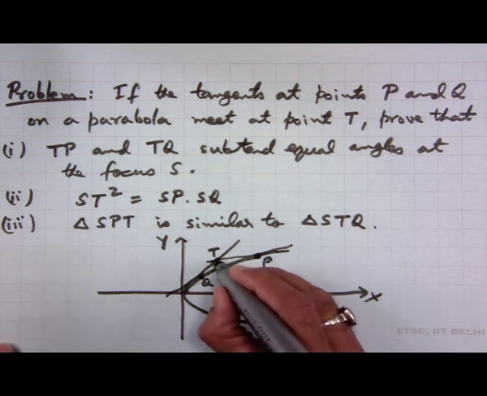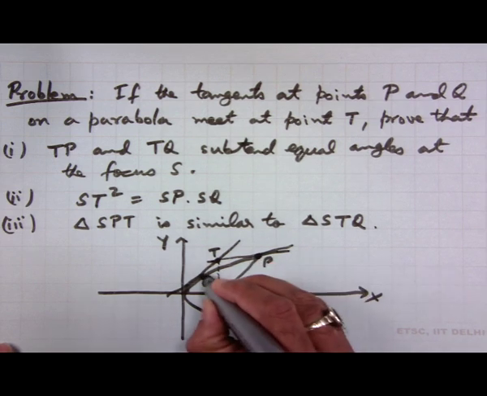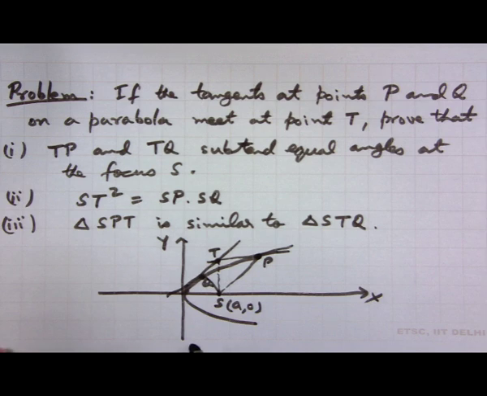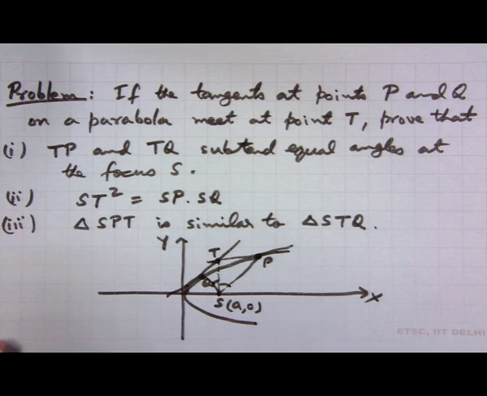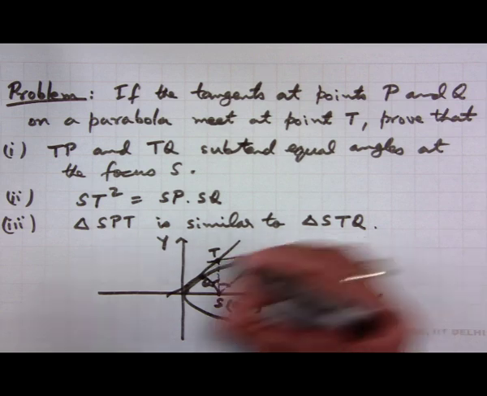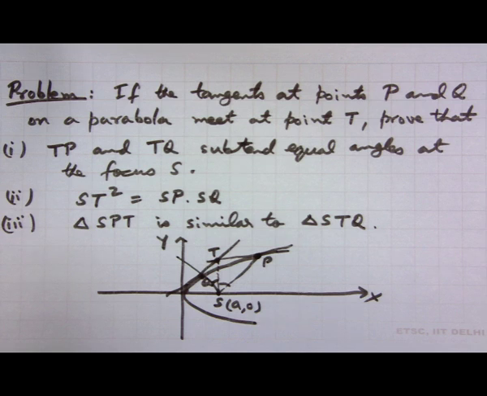That means let us draw this triangle and this triangle. So, we need to prove that this angle and this angle are equal. So, what we do is, let me use another color.